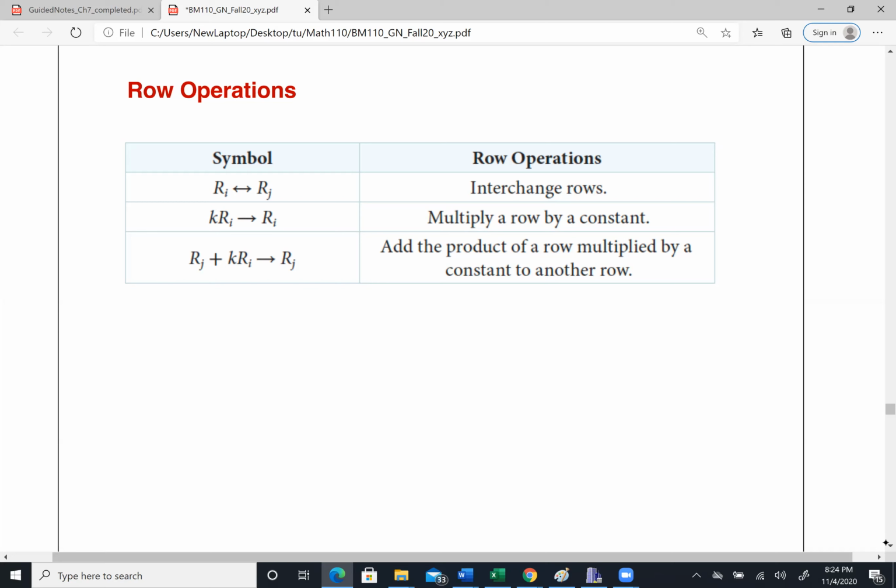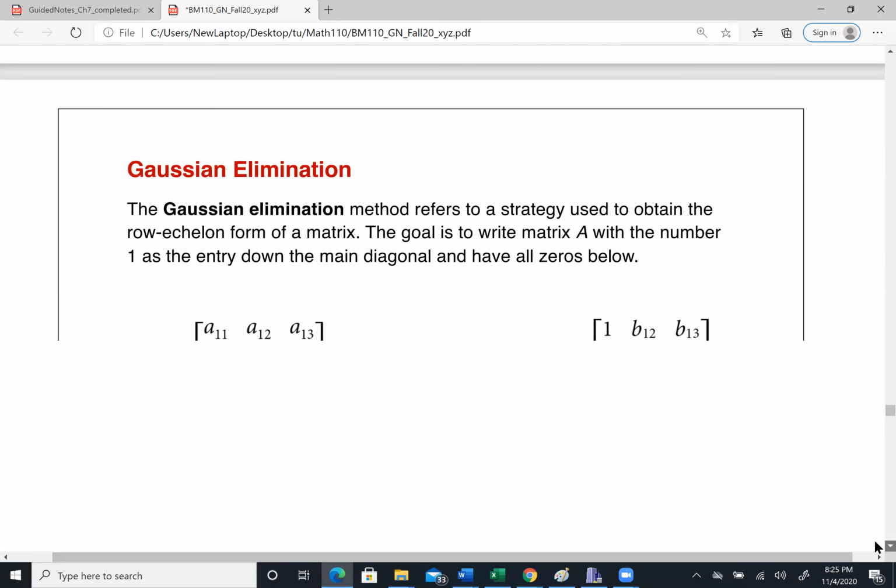So it's R_i interchange with R_j over here, and k R_i, k multiplied with R_i is going to be the new R_i. And then R_j plus k multiplied with R_i will be the new R_j. So we add a product of a row multiplied by a constant to another row. Okay. So let's see what's going on down here.